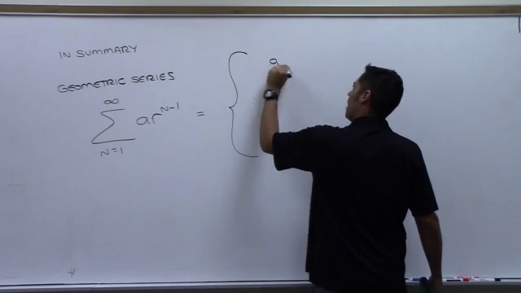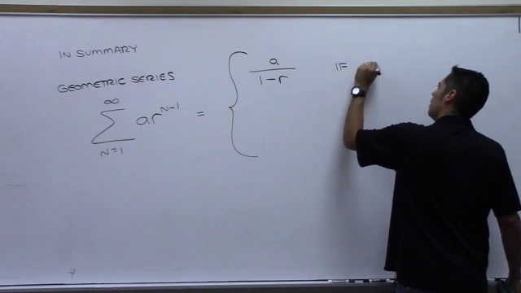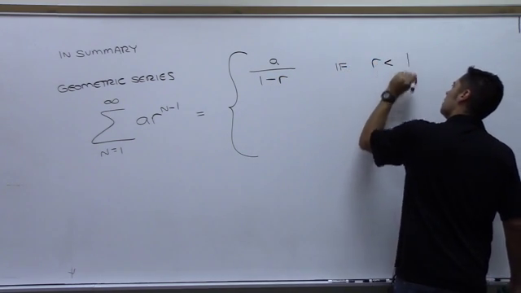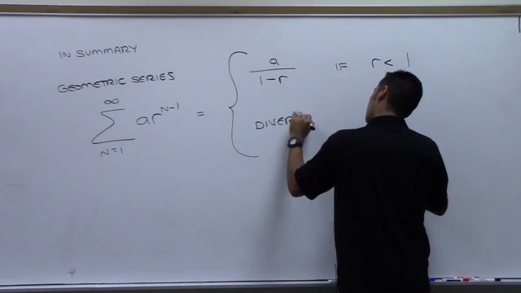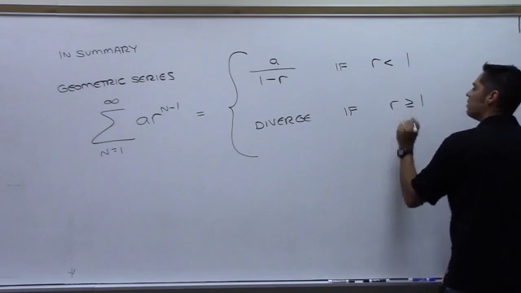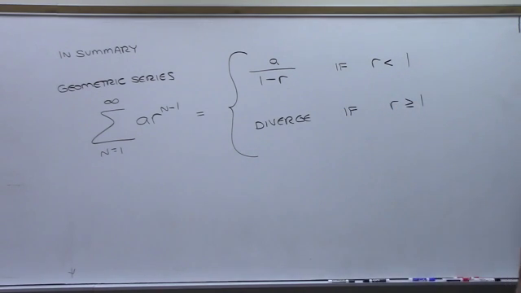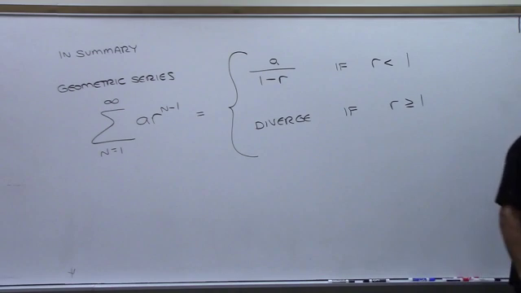It's going to equal a over 1 minus r if r is less than 1, and it's going to diverge if r is greater than 1 or equal to 1. There are two possibilities with geometric series. It's either convergent or divergent. The r is what determines that.